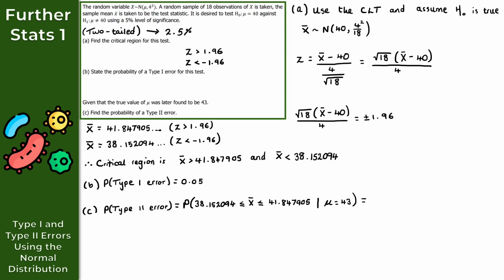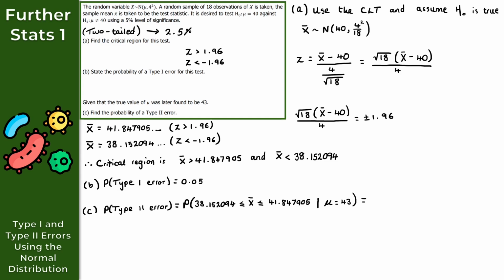So we're going to stats mode, distribution normal. Clearly this is a cumulative probability. We don't use NPD anyway for the normal distribution. So NCD. The data is a variable. My lower value is 38.152094. My upper value is 41.847905.